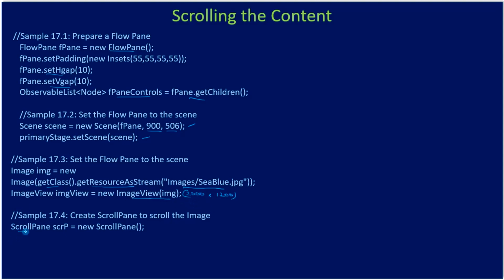So we create a ScrollPane and we give the preferred size width 700 and height 450. And if you see here, this stage is 900 in width and our ScrollPane is 700 in width. Right, it will fit inside the stage. Similarly, height also we kept somewhat lesser than the scene's height.